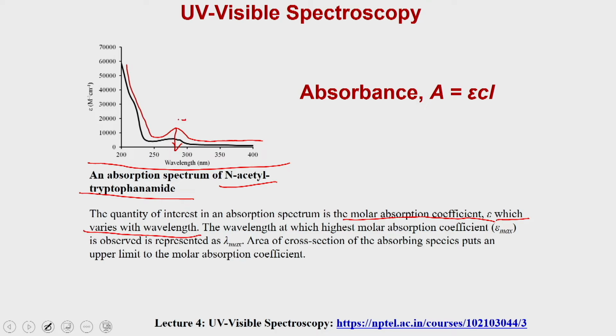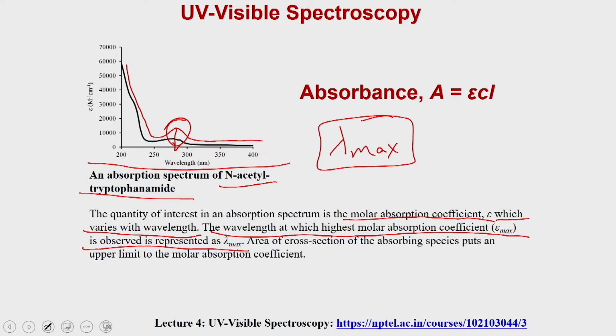So at the lambda max, that is the absorption coefficient which people normally use. The wavelength at which the highest molar absorption coefficient is observed is represented as lambda max, and that is the molar absorption coefficient mostly people use, because that is going to give you more accurate values.